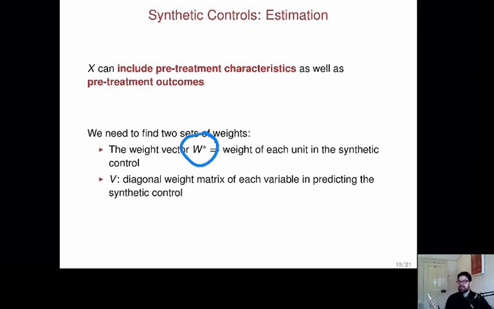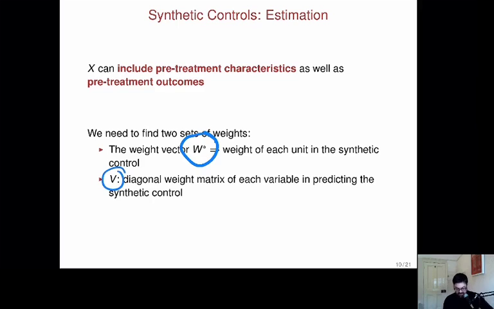You can, for example, match based on unemployment rates, or population sizes, internal migration, whatever variable you think is useful to match on. And so each of those variables also needs a weight that governs how important that variable is within the synthetic counterfactual. So that's V.